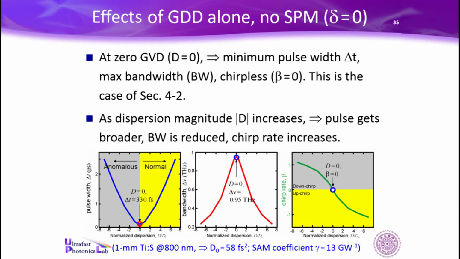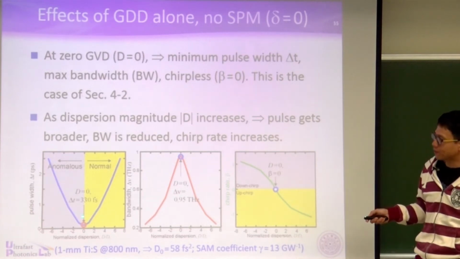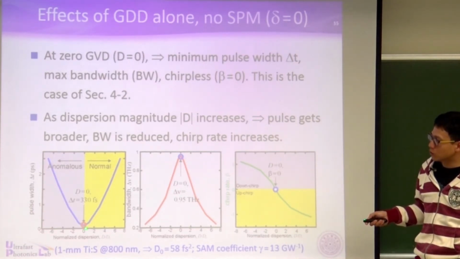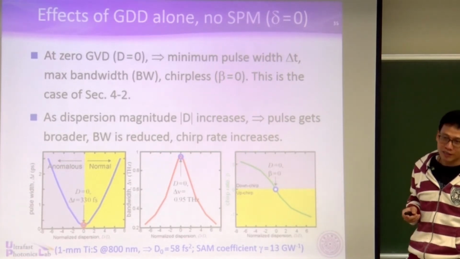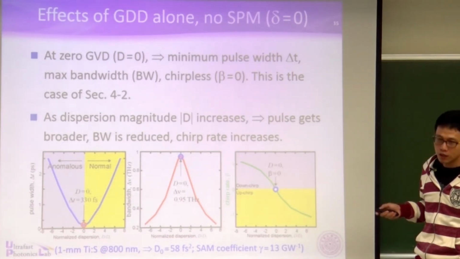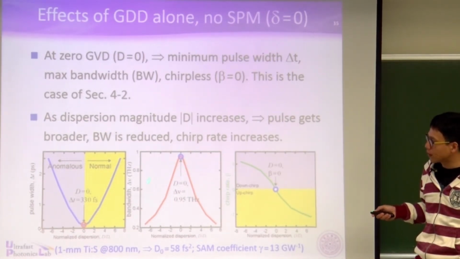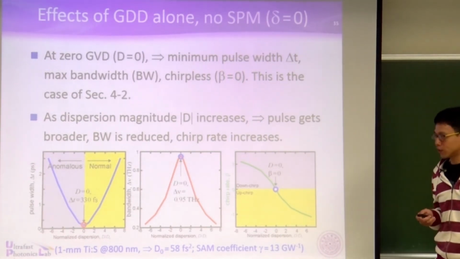Your pulse gets broader because the blue curve will increase in both directions. 从 zero GDD，不论你是往 normal dispersion 增加，还是往 anomalous dispersion 增加，结果都是造成你的 steady state pulse 变胖。Okay? And your bandwidth is reduced. As your GDD parameter increases, either to the anomalous direction or the normal direction, your bandwidth is reduced, always. And your chirp rate will also increase, okay?